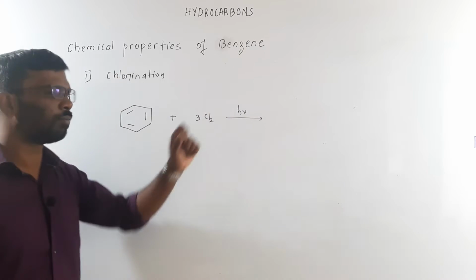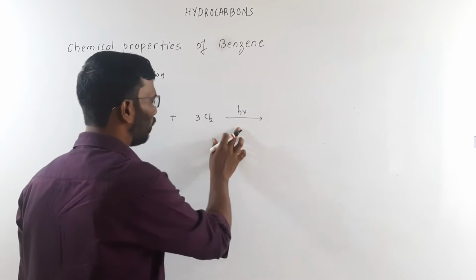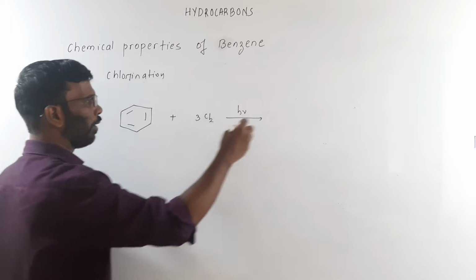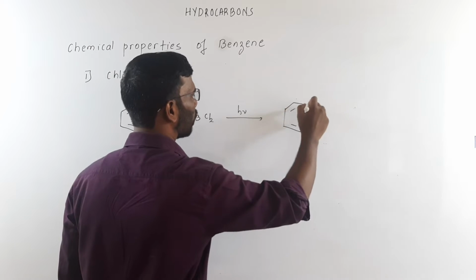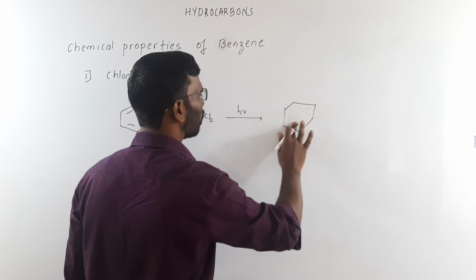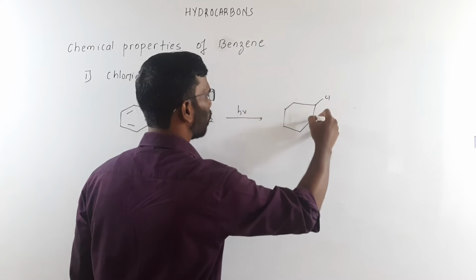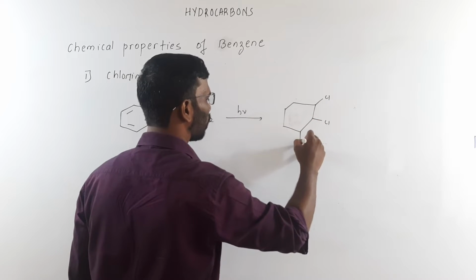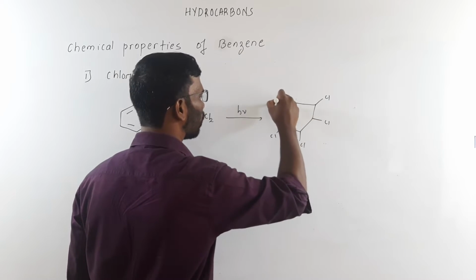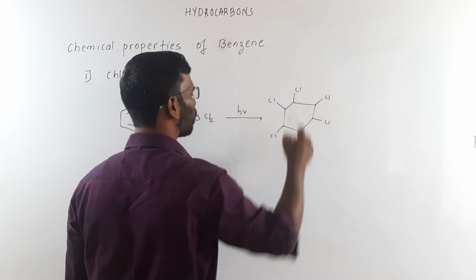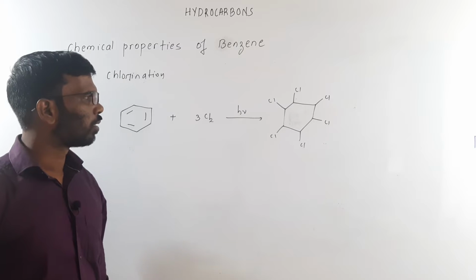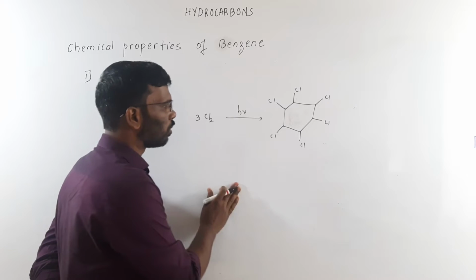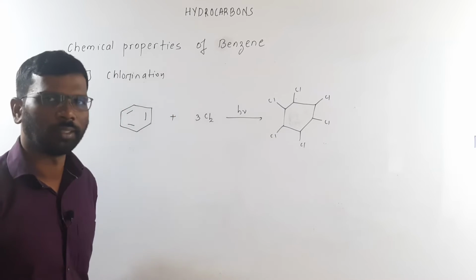Here h nu is light that will break the chlorine bond, and finally you will get hexachlorocyclohexane.